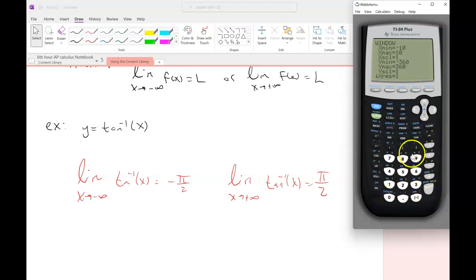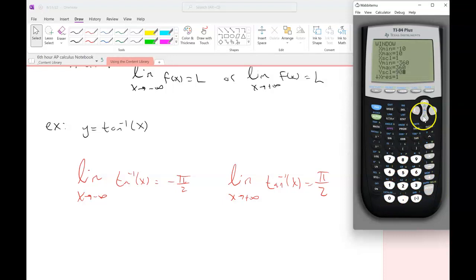And maybe go by 90s. So there's that. And if you do that, it's heading towards 90. So sure, could do it the same way with degrees, that's okay.